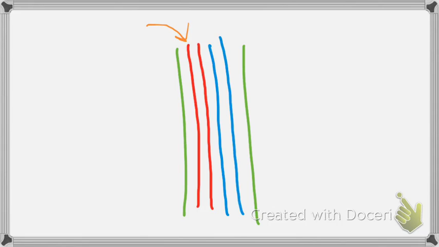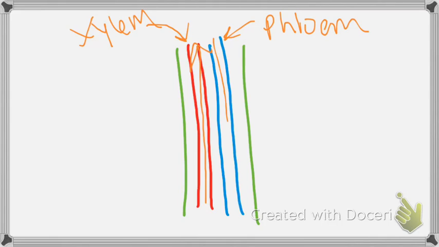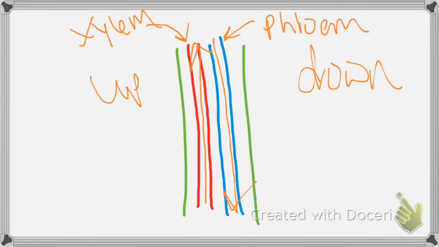Remember, the xylem is moving up the plant, and our phloem is moving things down the plant. Okay, so it's very important that you can remember xylem is up, phloem is down.